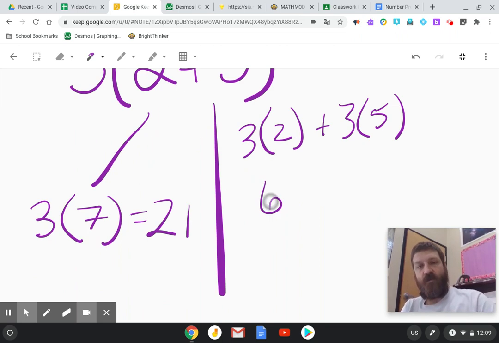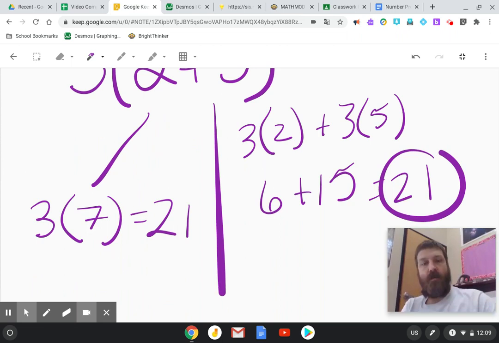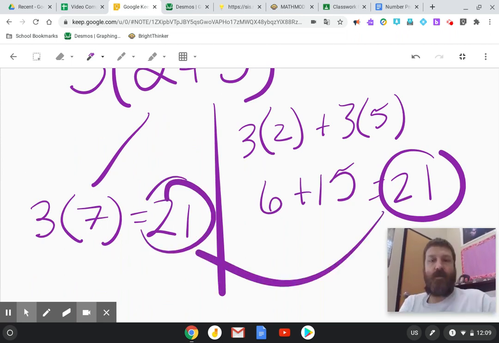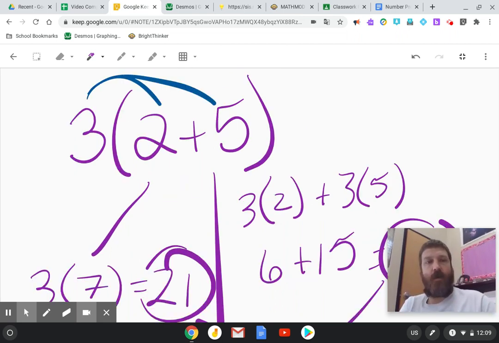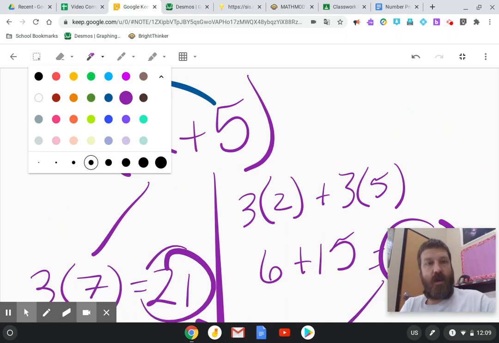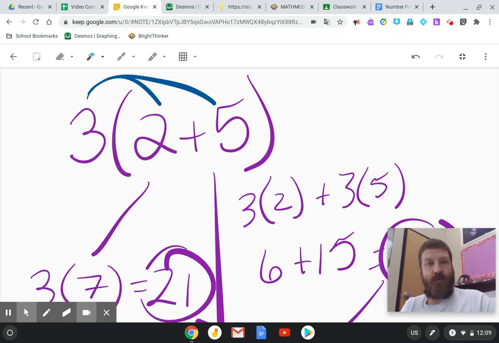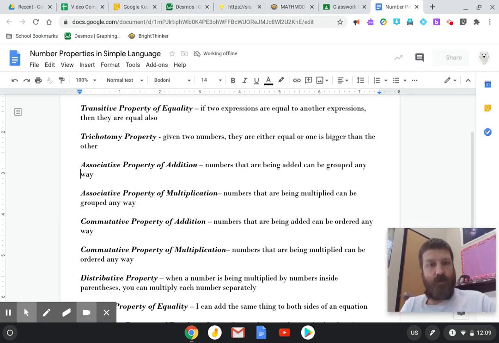We can see that that's true. 6 plus 15 is 21. So we get the same answer. So the distributive property says that I can multiply the number in the front times each number inside the parentheses to get the answer. That's what it says here if you look.